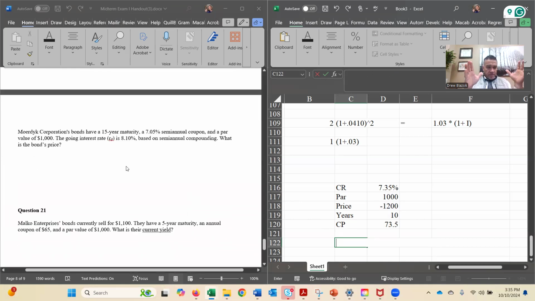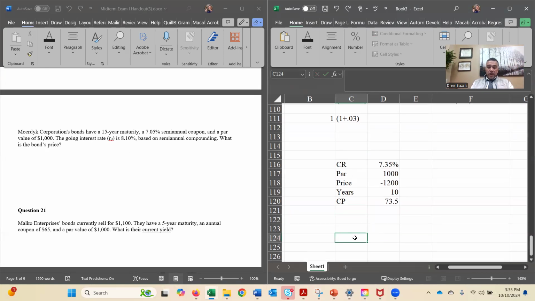Same kind of question. This bond is a 15-year maturity, 7.05 semi-annual coupon payments. So now I'm going to take the 7.05 times par, 1,000, divide by 2, and a par value of 1,000. The return on, this is the yield, is 8.1% interest. Semi-annual compounding, what is the bond's price? So how do you solve price? That's going to be PV. So a couple things.